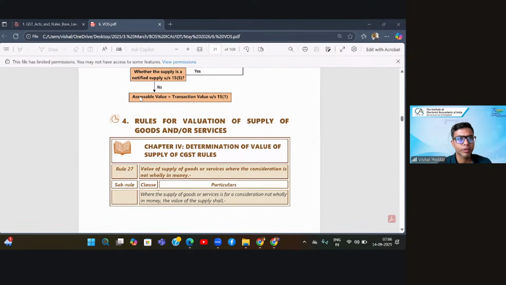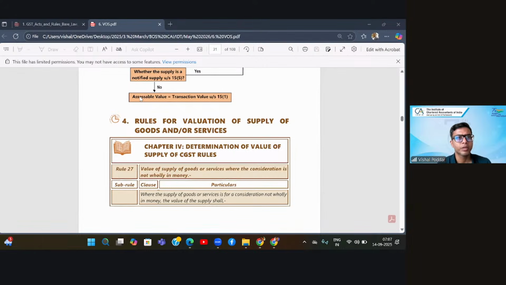Similarly, when we are saying that this interest or penalty is part of the value, it also means that this interest will not be taxed as a separate supply. It would be considered part of the original supply.